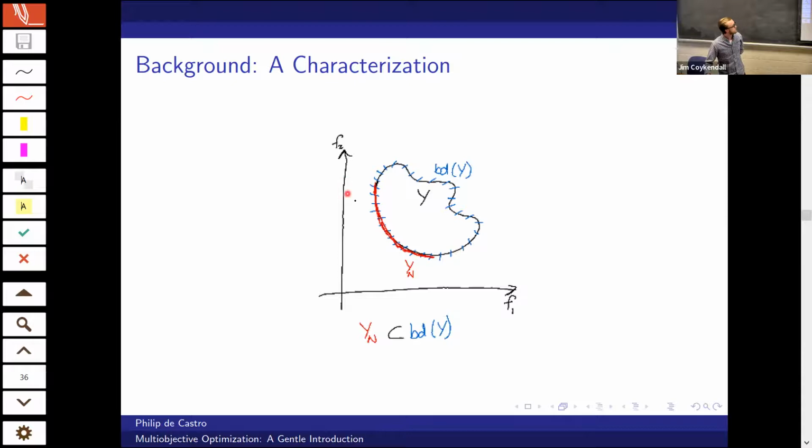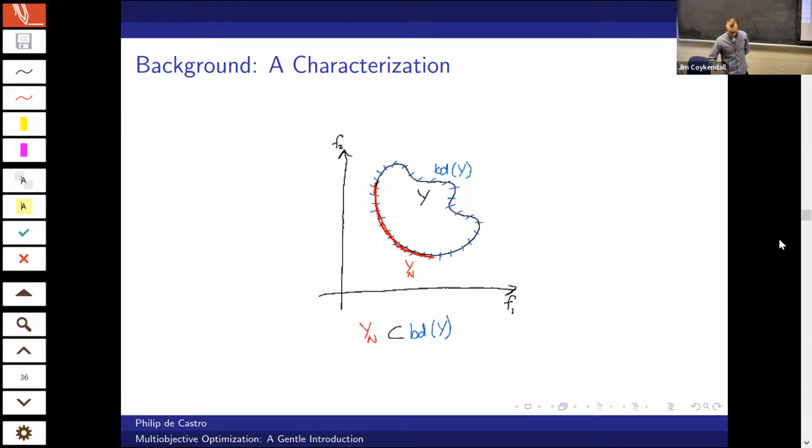And if I move too far up here, then I'm dominated by things below me. So that's the intuition behind this. And that follows from thinking about cones and all of that, which are special sets with special structure. Does that make sense? Okay.